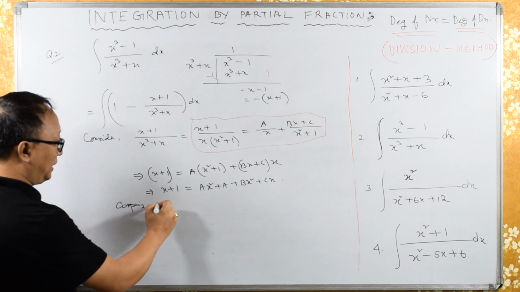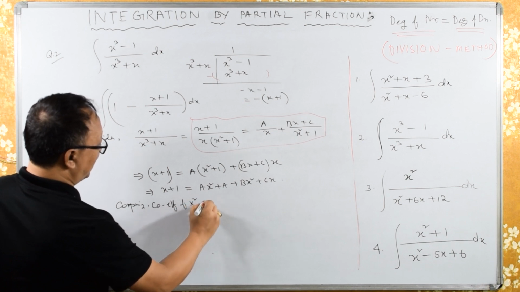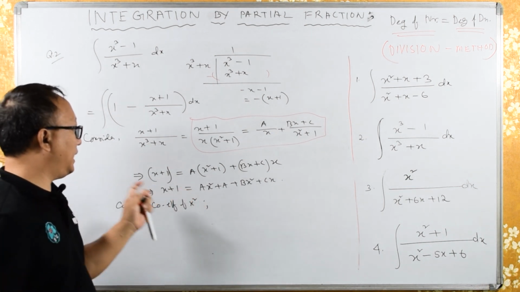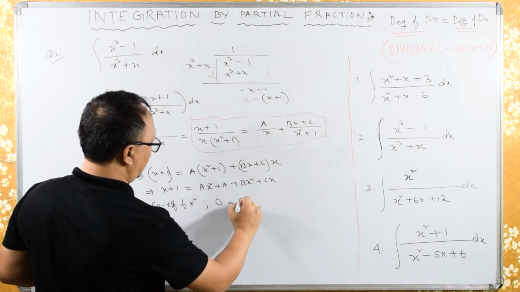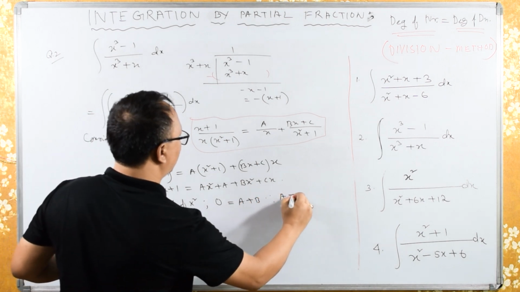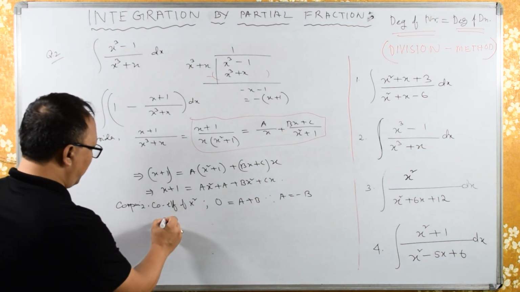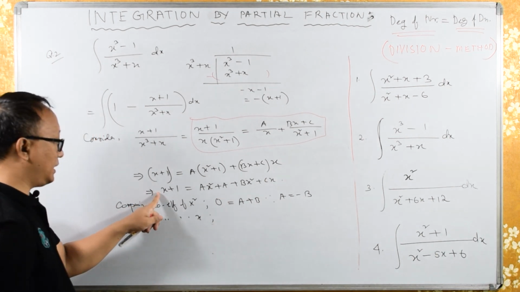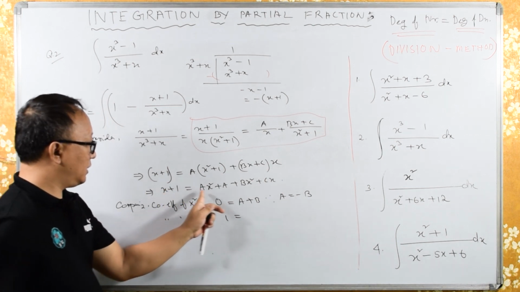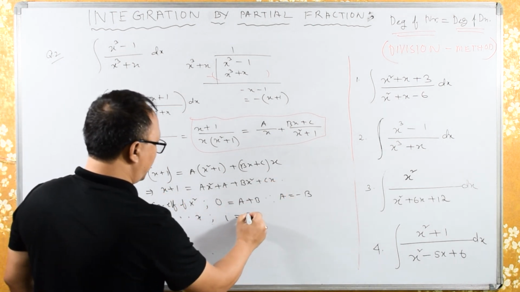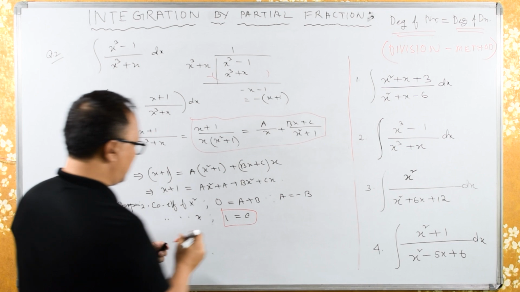Comparing the coefficient of x square: if I compare the coefficient of x square, on the left hand side there is nothing, so you can say 0, and here we have A plus B, therefore A equals minus B. And if I compare the coefficient of x, here 1 equals the coefficient of x, which is C, therefore the value of C is 1.